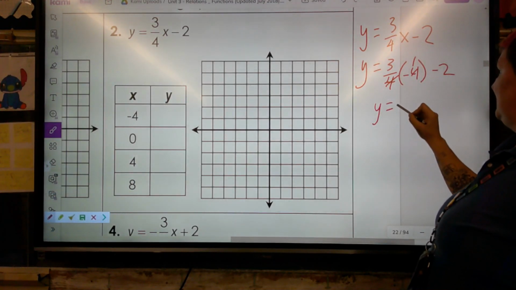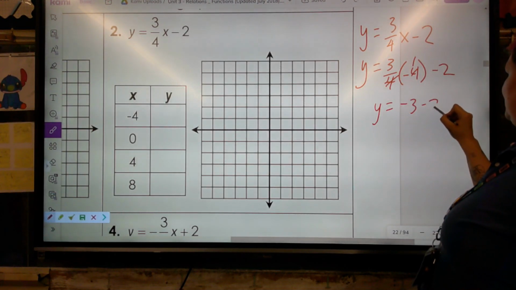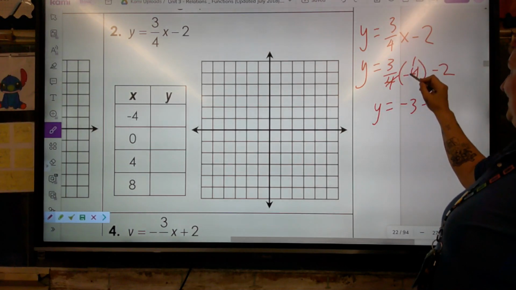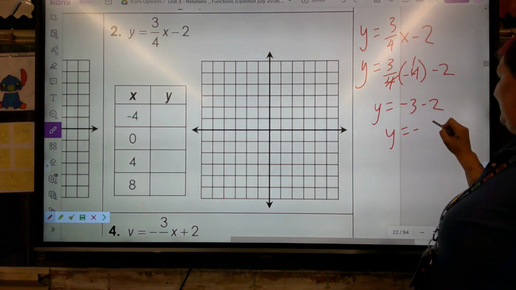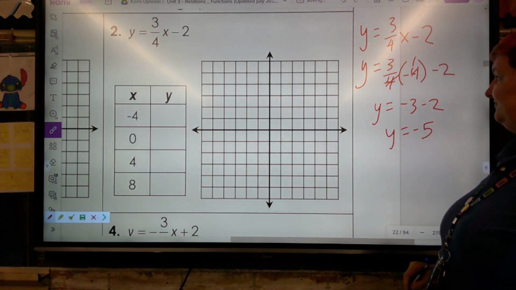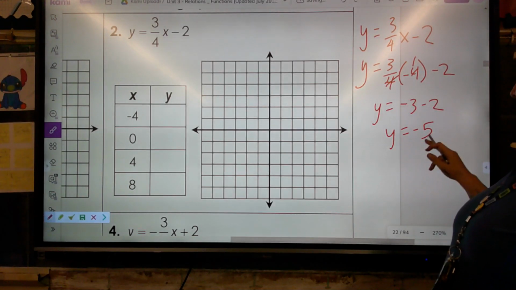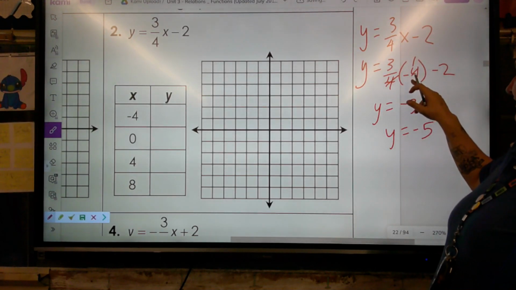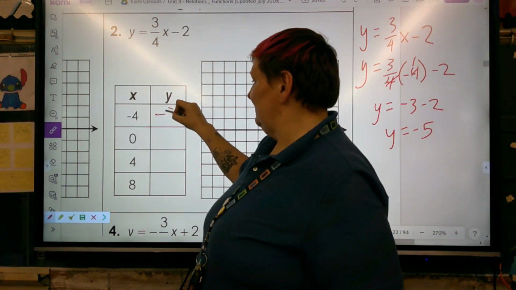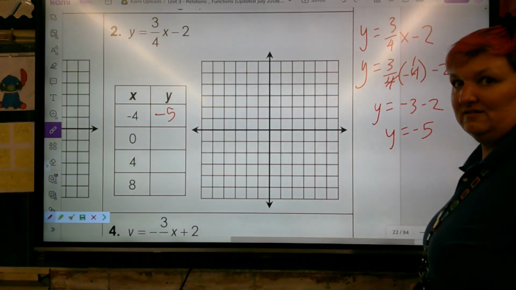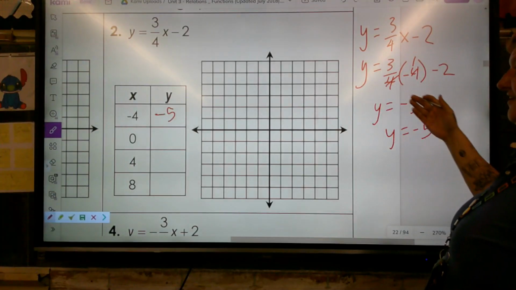So y is equal to negative 3 minus 2. Right? Because 3 times negative 1 is negative 3. y is equal to negative 5. Alright? So when x is negative 4, y is negative 5. I'm putting it into the function and seeing what comes out.